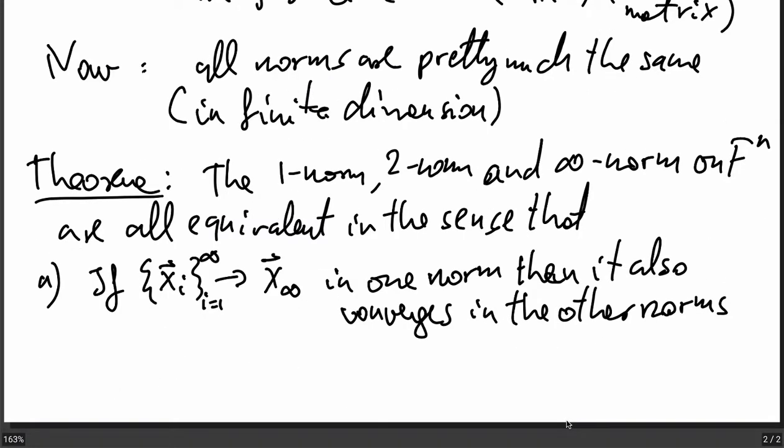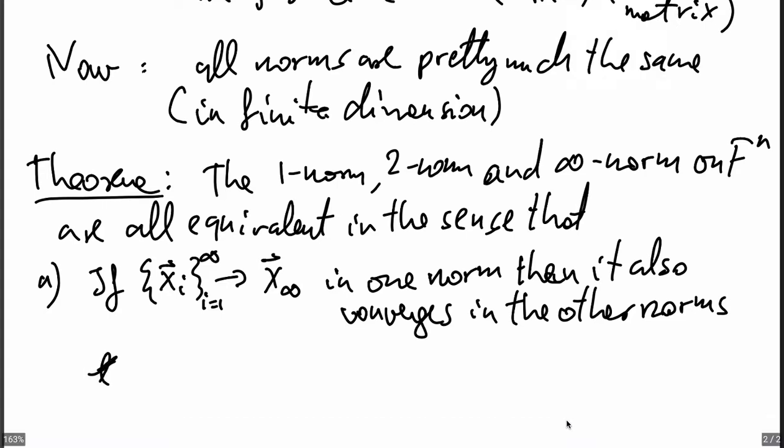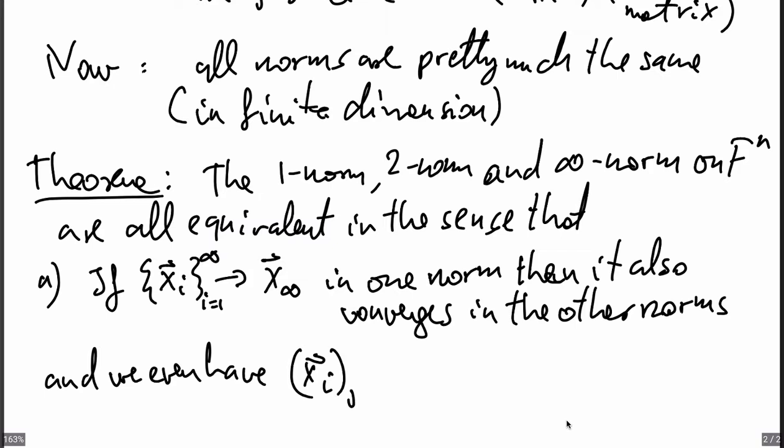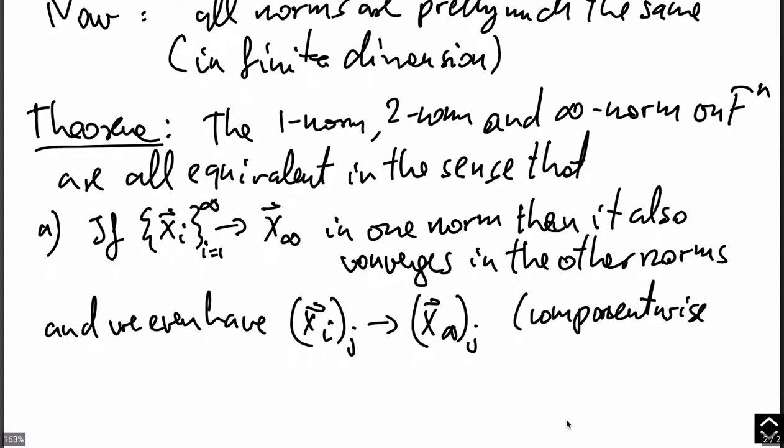So these are n-dimensional vectors. We also have component-wise convergence, so the j-th component of xi converges to the j-th component of x infinity for all j from 1 to n.